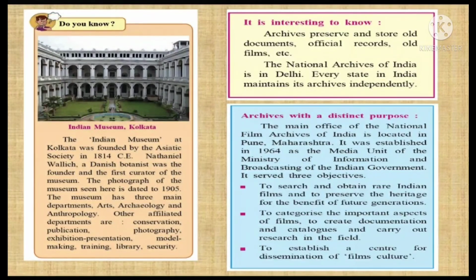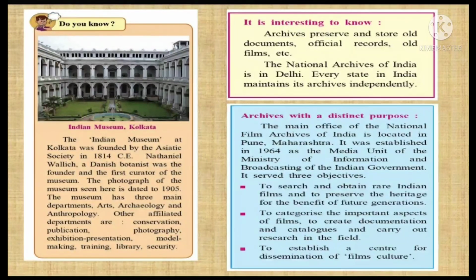Archives with distinct purpose. The main office of National Film Archive of India is located in Pune, Maharashtra. It was established in 1964 as the media unit of Ministry of Information and Broadcasting of the Indian government.